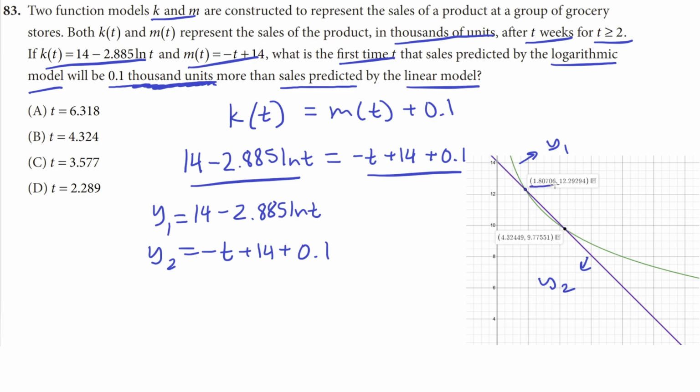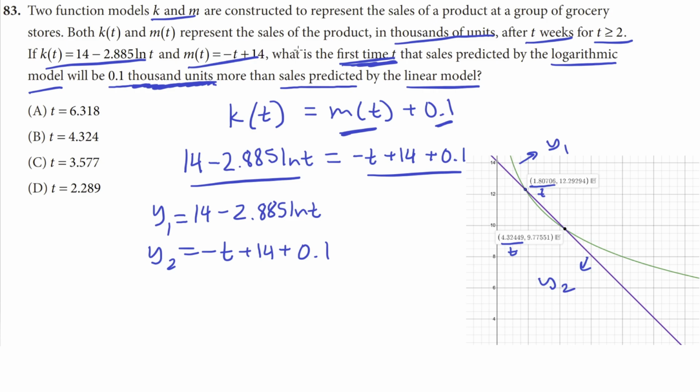One is at a t value of 1.807, and the other is at a t value of 4.32. Now the question asks for the first time t that the sales predicted by the logarithm k of t is 0.1 thousand units more than the linear model.